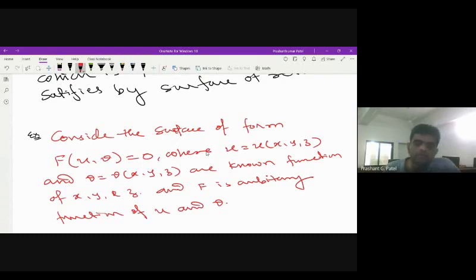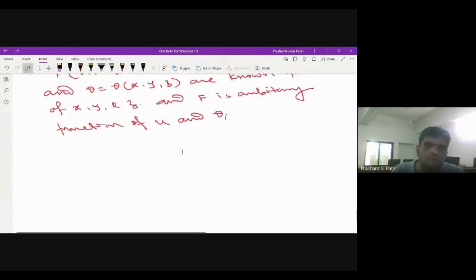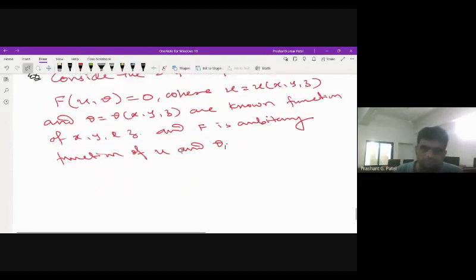Now what we need to do here is to calculate the first order partial differential equation which does not involve the function f, whose solution is this function f. Now what is the situation you have been given? We have this function f which is a function of two variables, u and v, and u and v are functions of three variables, x, y, and z.